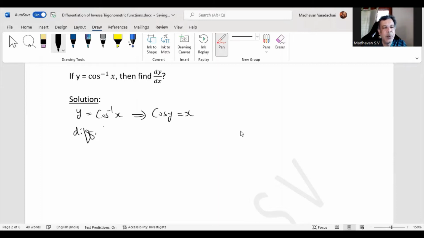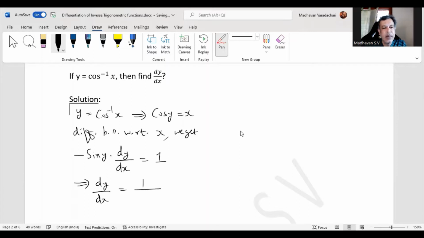Differentiating both sides with respect to x, we get, if I differentiate cos y, it is minus sine y, but since we have to do it with respect to x, we will be multiplying it with dy by dx. And if I differentiate x with respect to x, it is 1, which means our dy by dx is 1 divided by minus sine y, or minus 1 by sine y.